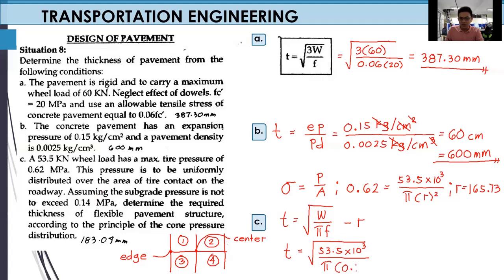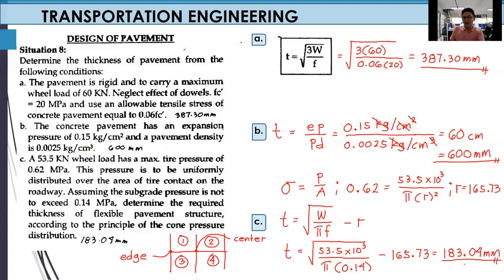Then minus R, which we solved earlier as 165.73. Using your calculator, we compute that the answer is 183.04 millimeters, and that is our final answer.